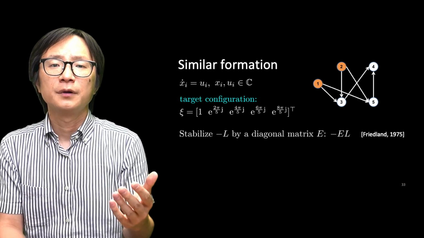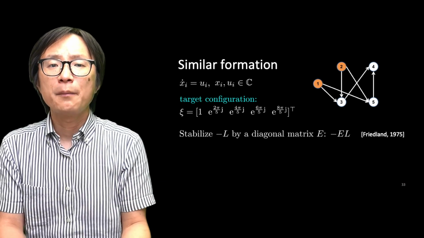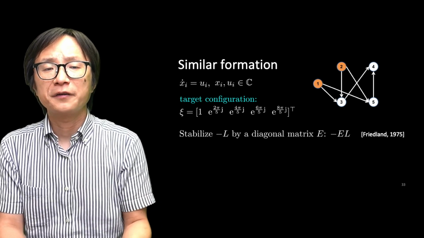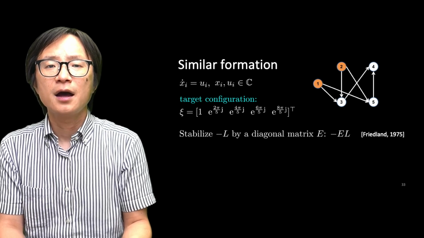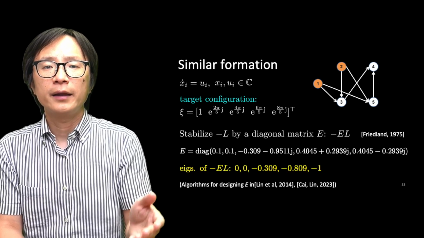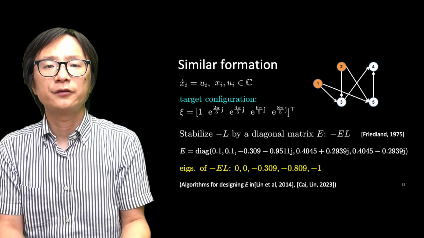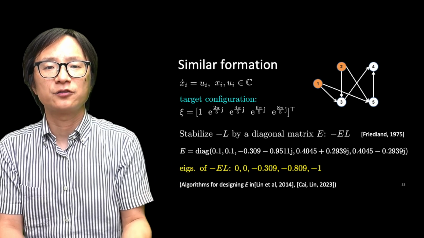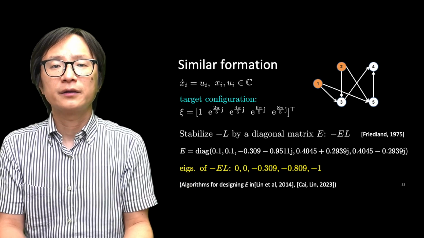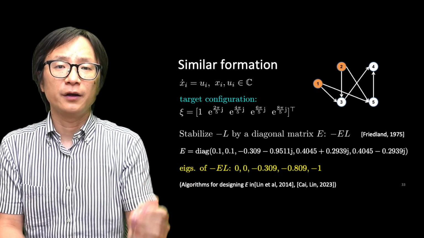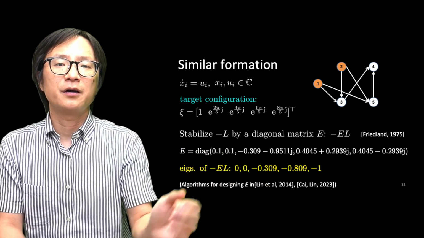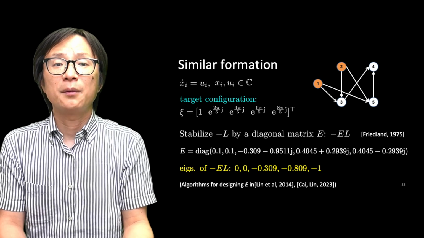So we need to stabilize this minus L by designing an invertible diagonal matrix E. I'm not going to cover the detailed steps of designing this E, but there are algorithms available to do this job, and one solution E is this one, and we can verify that it does the job. So with this E, we have the eigenvalues of minus E times L being the following. There are exactly two eigenvalues 0, and the other 3 eigenvalues are stable.